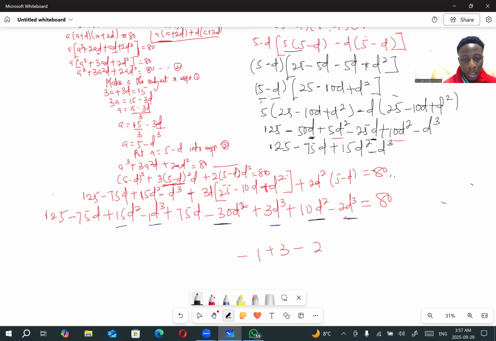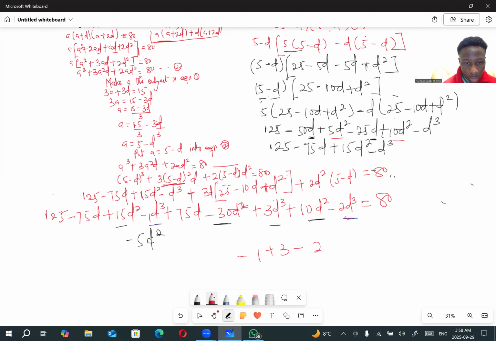Do you see the ink difference? 15 minus 30 plus 10. What did you get? -5 what? d squared. Simple. So we are done with the d squared.